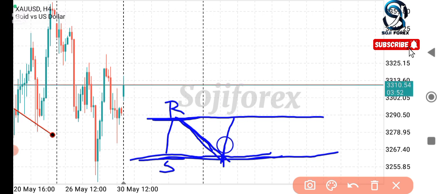So there are scenarios when price gets to this resistance zone, we are expecting sellers to react by taking price down. But that is not always the case. There are instances where price breaks out of this zone. So price will break out of this resistance zone. And when price breaks out of this resistance zone, we will need a validation on this particular zone.